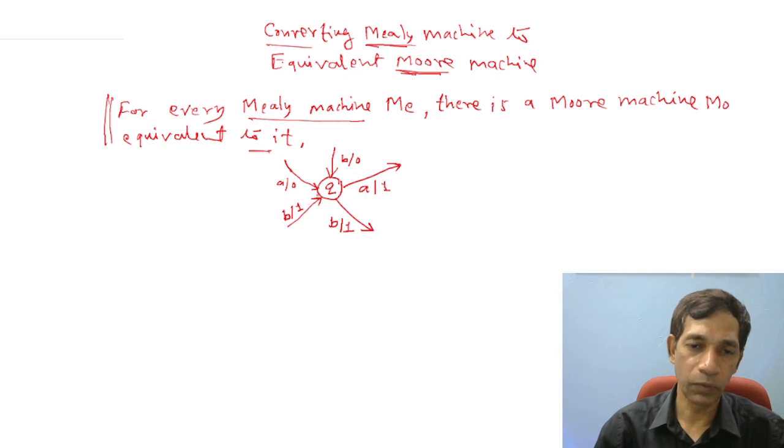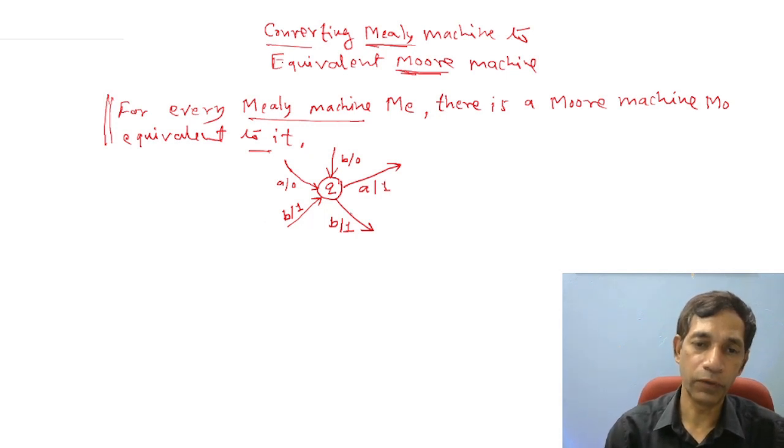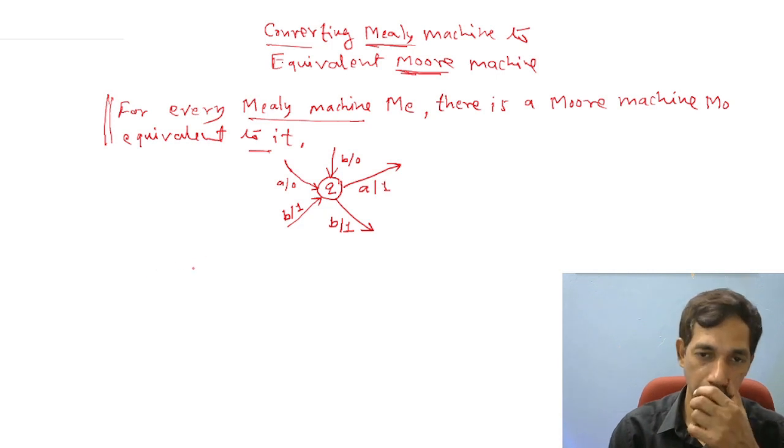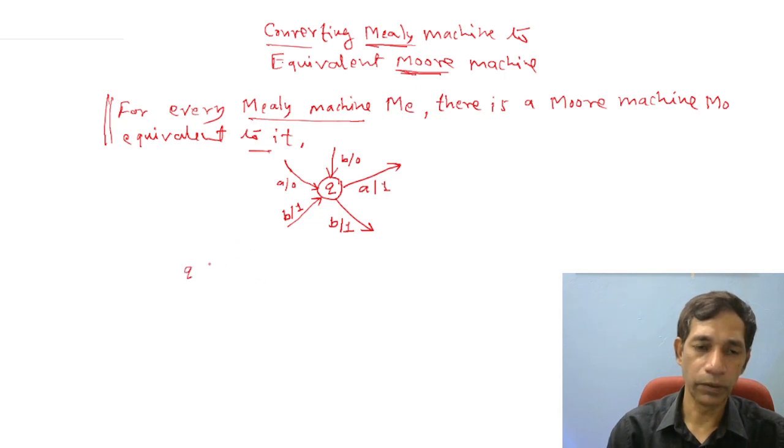So for every output we need to copy the state Q, so that for every output we can produce the output during the entry of the state. So how we can do this? We need to go for the copy of this state. So see, we have the state Q. Now we say that this is Q0, and what is the output?